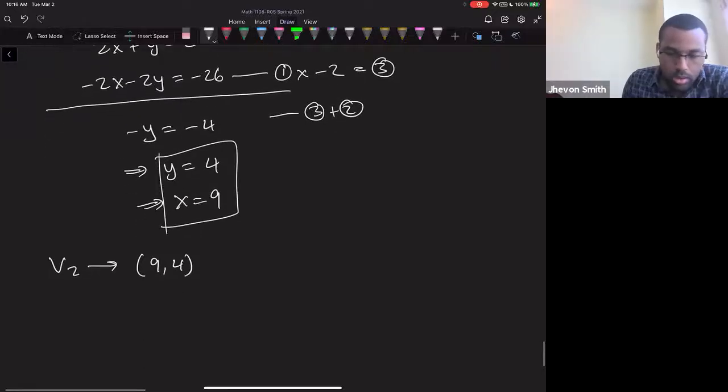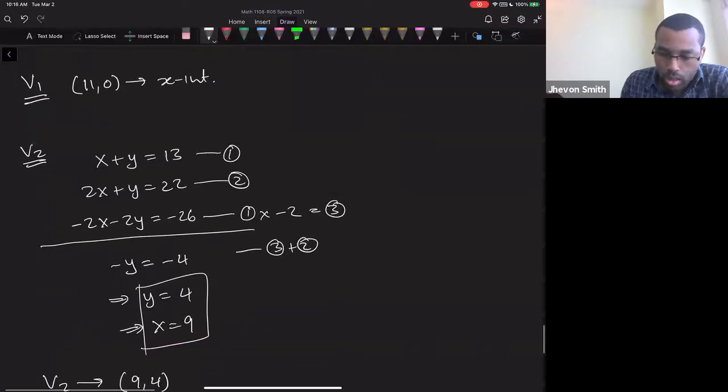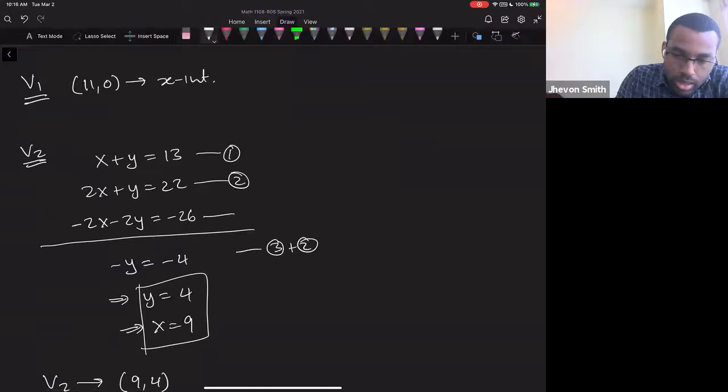Wait, Professor, I'm confused where you got, right after the third equation, the x minus 2 equals 3? Oh, this is not x minus 2. I took equation 1 and multiplied it by -2. Oh, I see. I'm just writing out what I did.